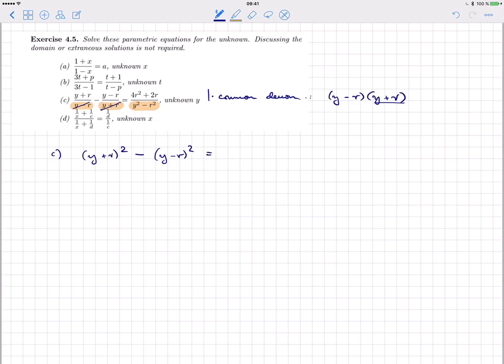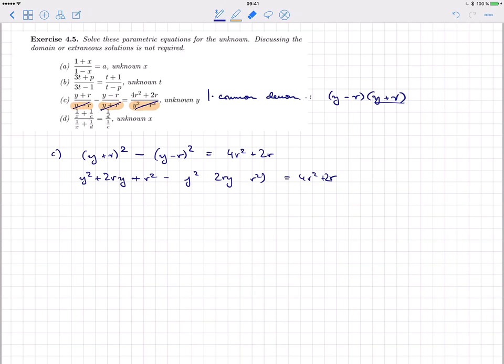And here, well, we just cancel out the denominator. 4r squared plus 2r. And we expand. And we get rid of the bracket here.